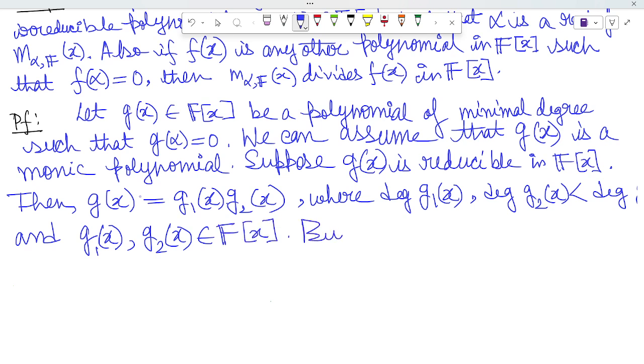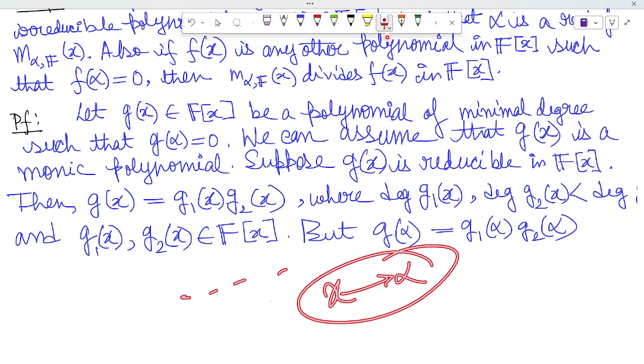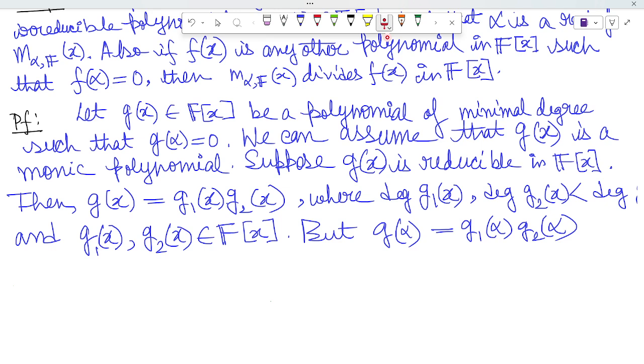Now g(alpha) is g1(alpha) times g2(alpha). In place of x we are putting alpha, so by products and sums, evaluating the polynomial at alpha, we get an element that belongs to F. That is also an element of F, and it is 0. So the product of two elements of F is 0, but F is a domain. So either this should be 0 or this should be 0.